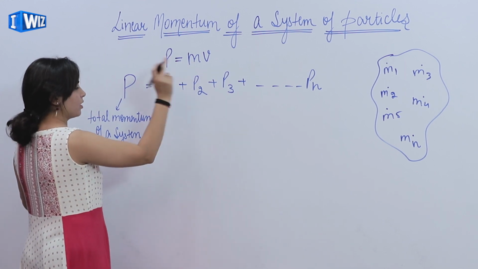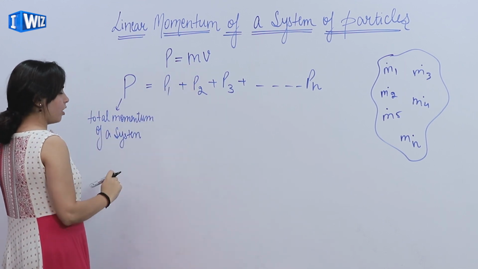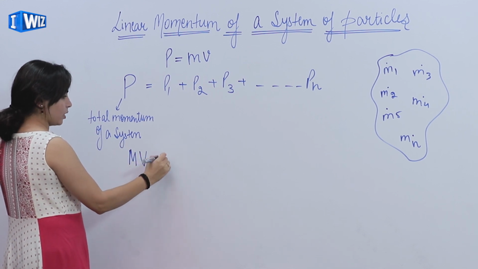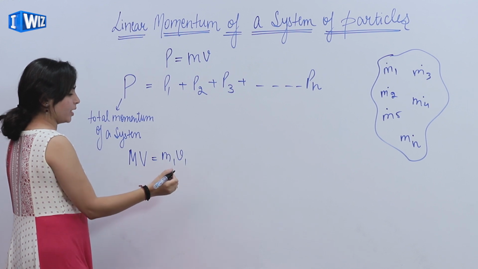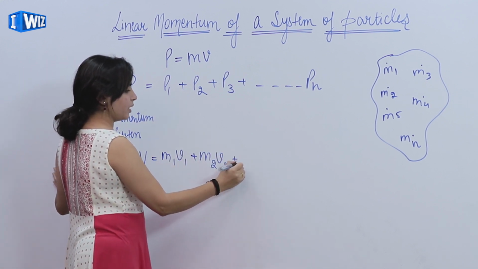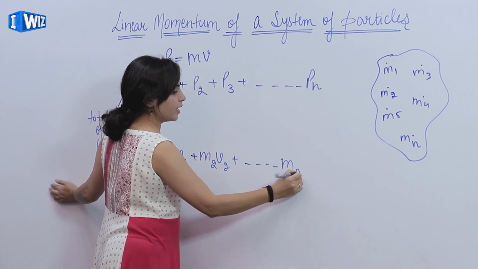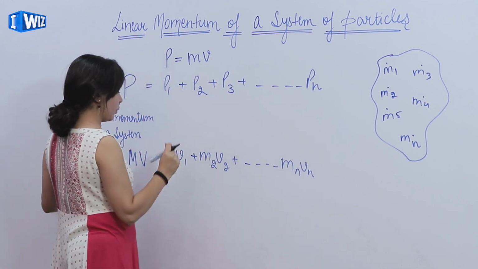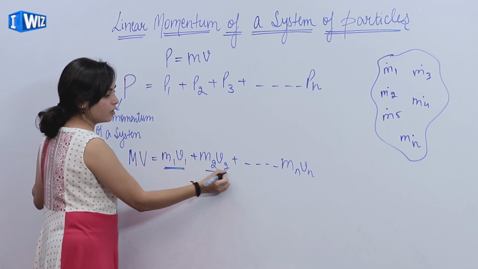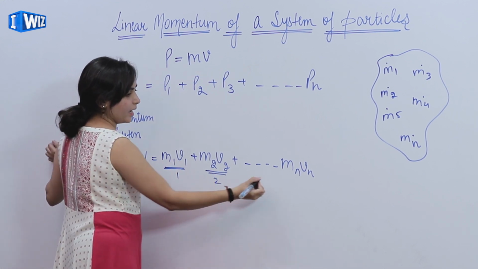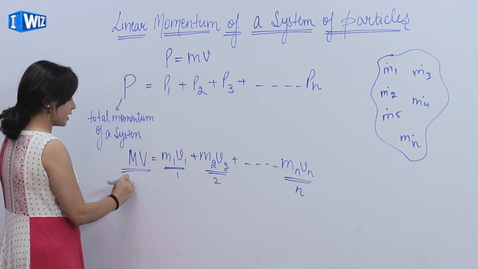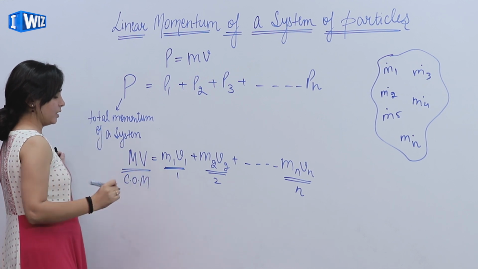So now, substituting the value of P, we'll get Mv is equal to m1 v1 plus m2 v2 plus up to so on mn vn, where this is for first particle, for second particle, and this is for nth particle, and this is for center of mass.